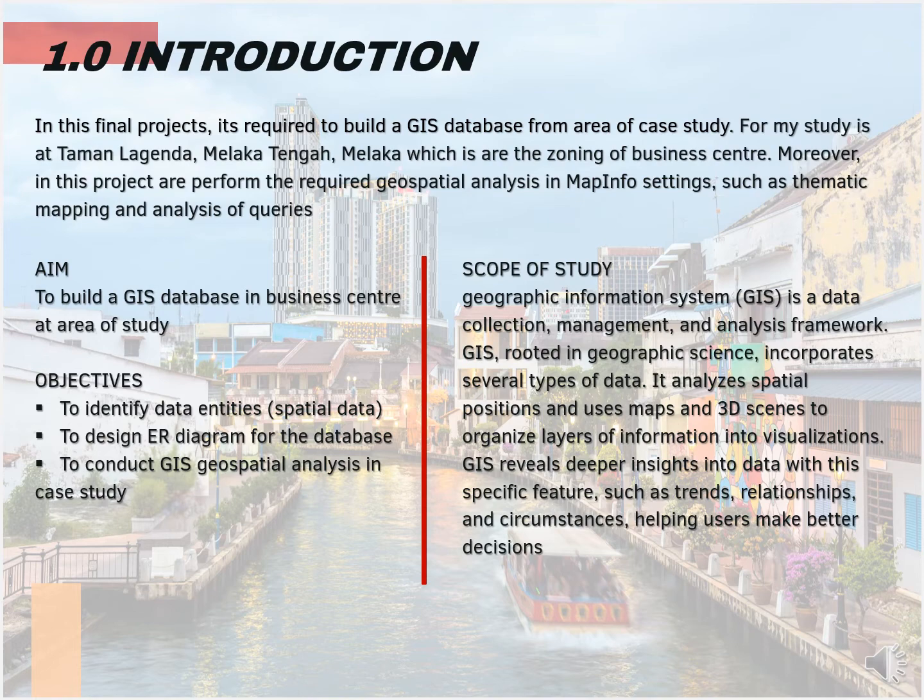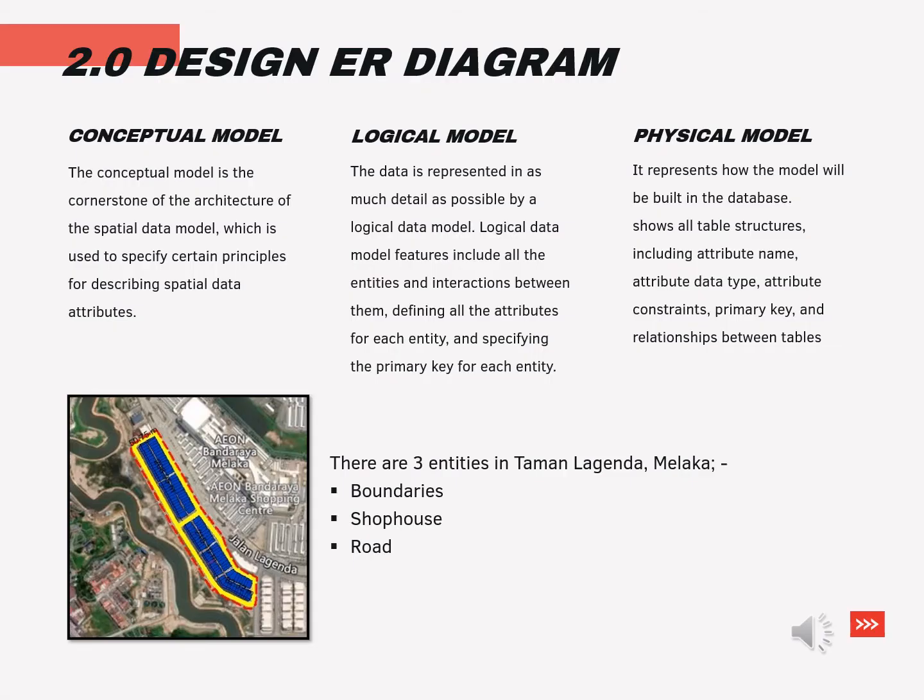It analyzes spatial position and uses maps and 3D scenes to organize layers of information into visualization. GIS reveals deeper insights into data with these specific features, such as trends, relationships and circumstances, helping users make better decisions.